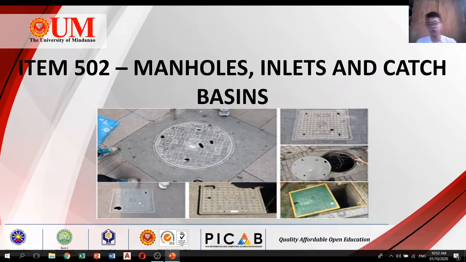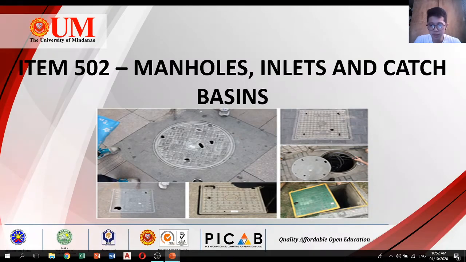Item 502, manholes, inlets, and catch basins. So, sa mga pictures, muna siyang type of manholes. Types of manholes, inlets, and catch basins. So, sa pictures, muna siyang example sa manholes o catch basin.